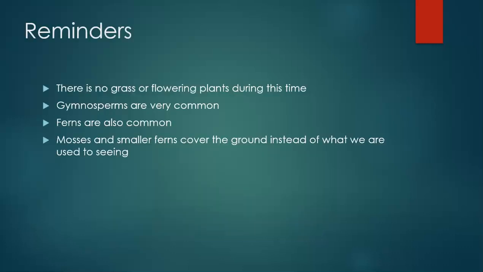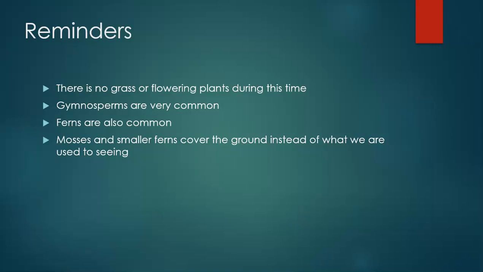As perspective, you'll notice from the initial slide that we saw, there's no such thing as grass during the Triassic and no flowers. We have a lot of gymnosperms, which you may be more familiar with, things like your conifers, with needles and cones instead of any sort of flowering plants.